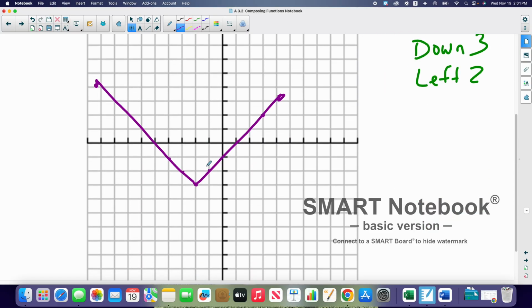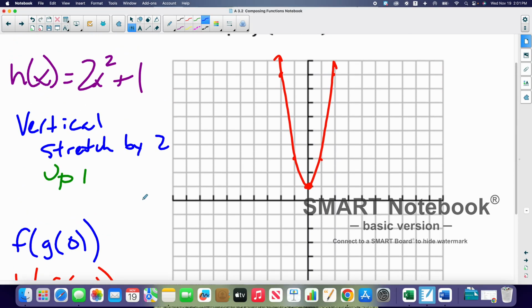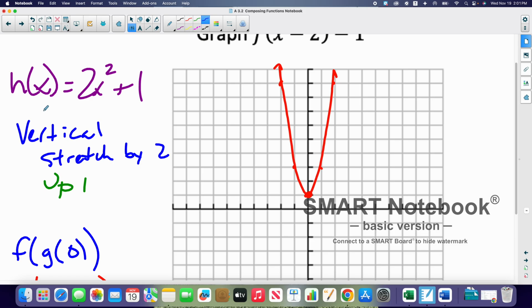If I do that, I get 1 as the answer. I'm going to take that 1 and plug it into h. Yep. I'm plugging into h, which is this one. So I plug the 1 in, and it gives me that point right there, which is 3. 3 is the correct answer.